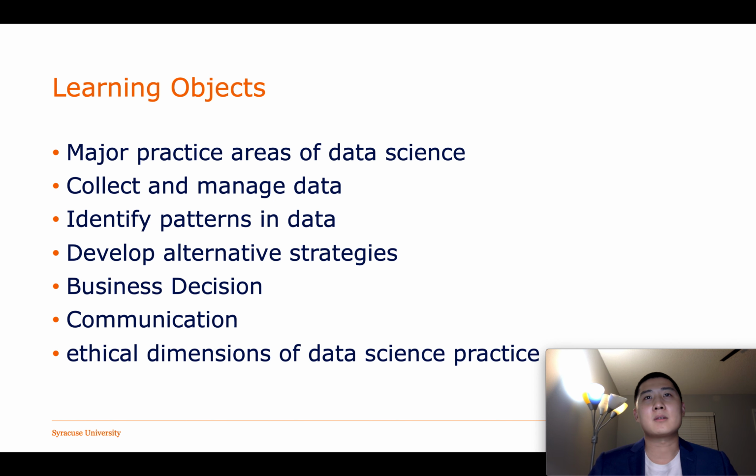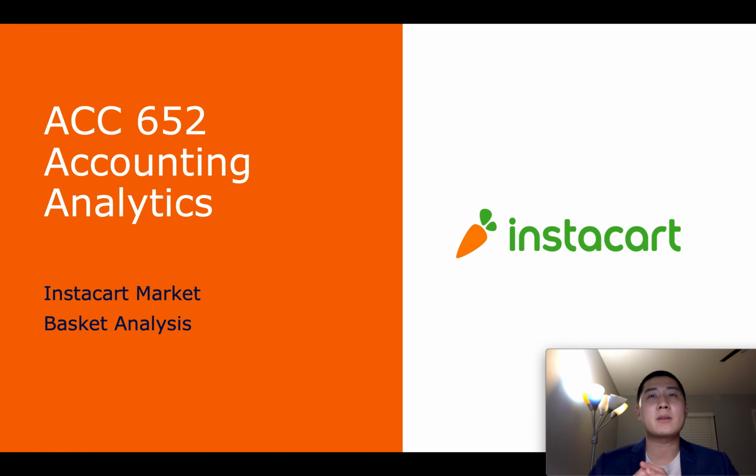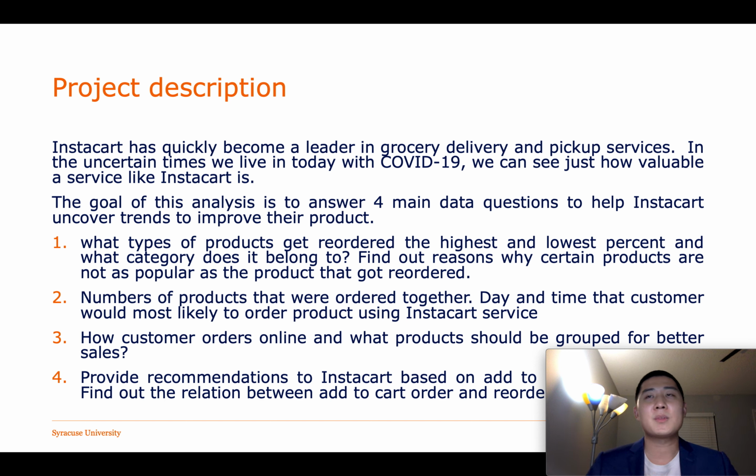For the accounting analysis course, I did the Instacart market basket analysis. In this project, we want to help Instacart uncover trends to improve their product sales. One of the key ideas to implement data science in a business setting is to ask a question that helps business decisions.